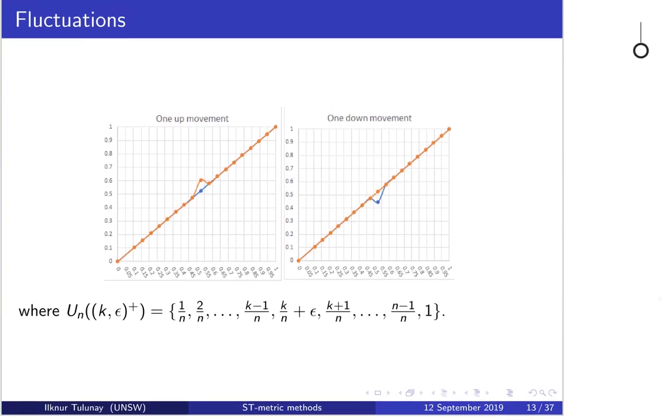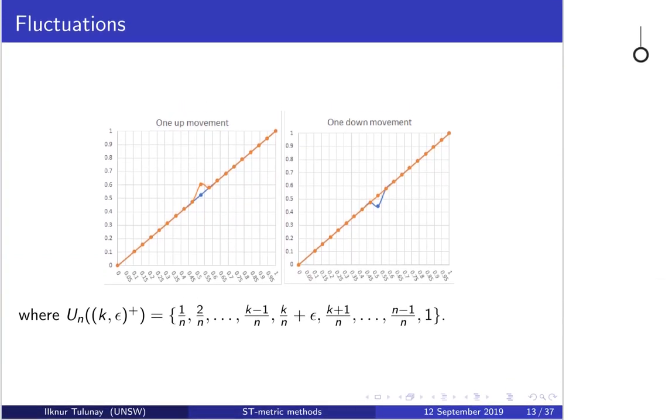So the second nice thing about this ST metric is the fluctuations. Now, this is the uniform distribution. At this point it will get dense with respect to how many data points you're taking. So as n gets larger, you will get denser point sets here.